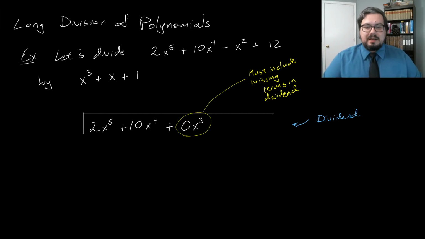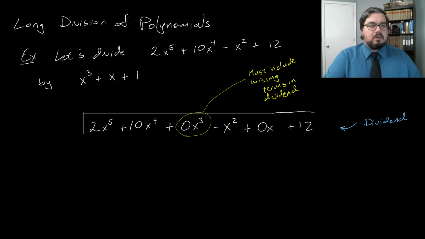So plus 0x cubed minus, we do have an x squared term. We don't have an x term, so we need to include that as well. And then plus 12. And so we've got 2 missing terms in our dividend here.